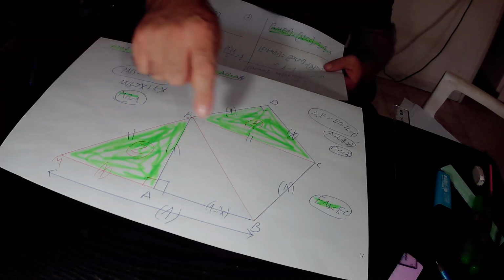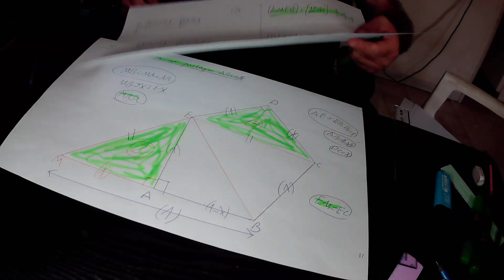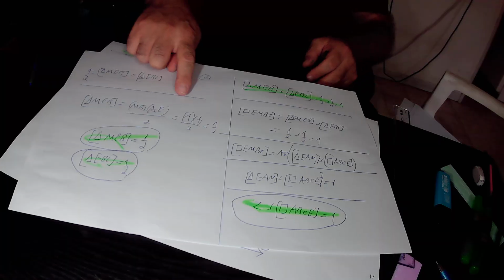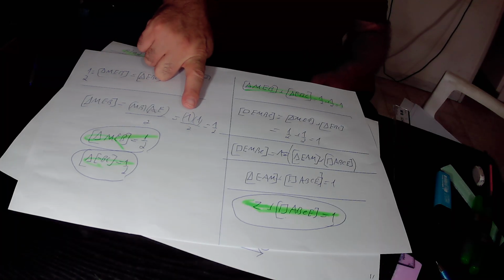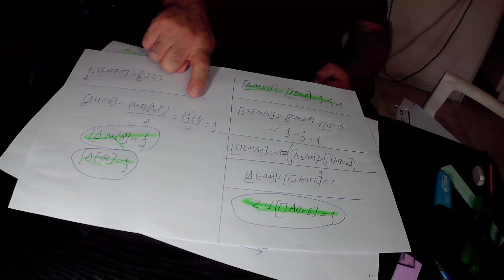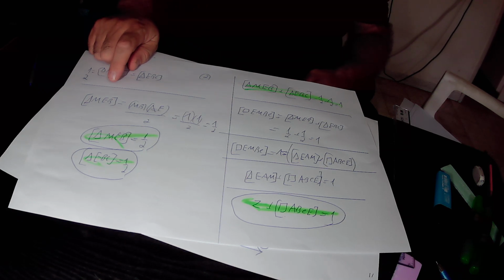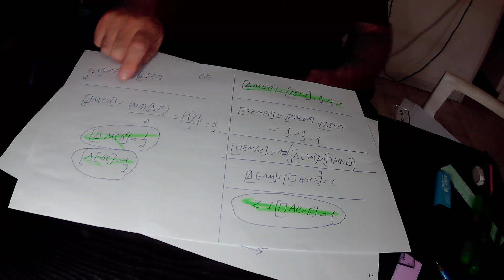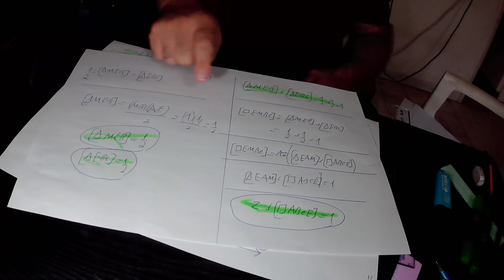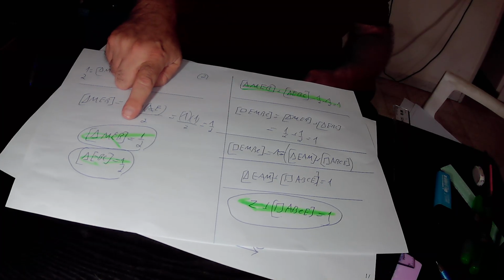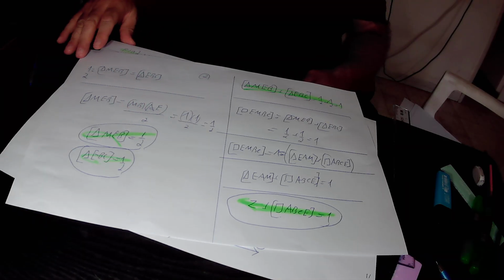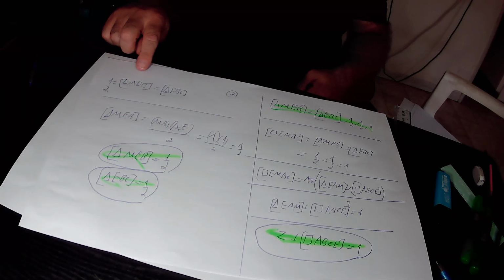MB is 1, AE is also 1, and you have to divide by 2. 1 times 1 is 1, so in total the area of triangle MEB is equal to 1 half square units in size.